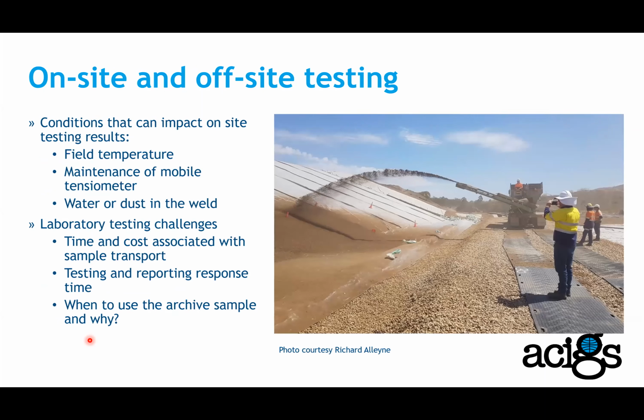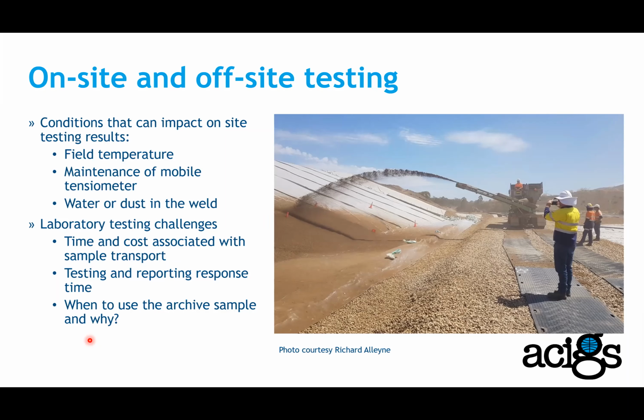On-site and off-site testing. So we know there are conditions that can impact on-site testing results. When we do any of these tests on-site, the field temperature, the maintenance of the mobile tensiometer, for example, and also water or dust in the weld, we have seen that all of these factors affect the quality of the seams very significantly. And also challenges with laboratory testing.